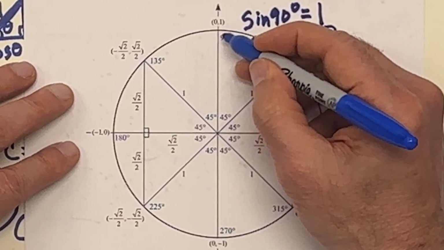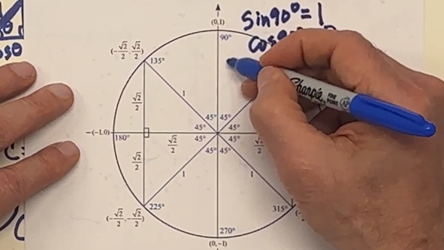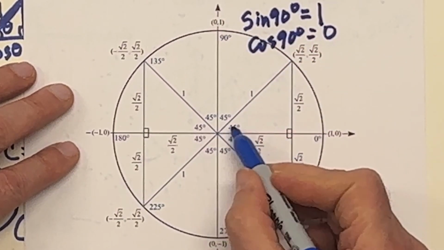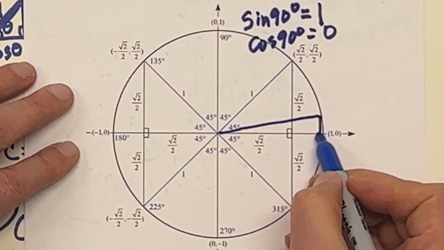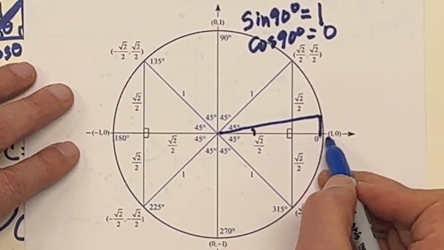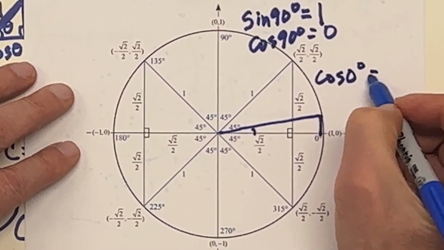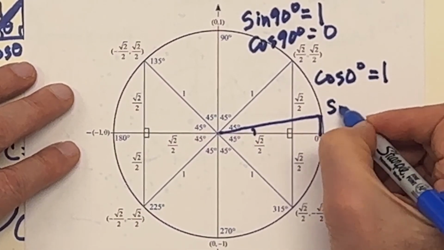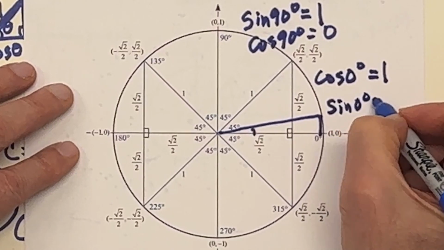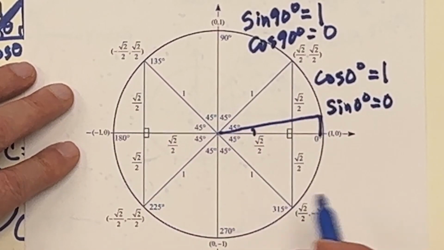So just imagine this triangle here, really steep like that. Cosine is going to shrink down, and if you have a triangle like this, very, very small, the cosine here is going to approach 1. So the cosine of 0 degrees is 1, and the sine of 0 degrees is 0. And then you can get the 180. You can get all these.